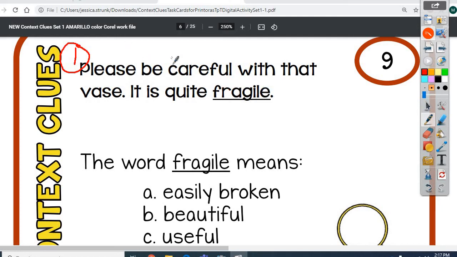So it says, please be careful with that vase. It is quite fragile. So if they're wanting you to be careful because it's fragile, I want you to tell me, what do you think fragile means? They tell you to be careful. That's our clue. And you can just write A, B, or C. What does fragile mean?